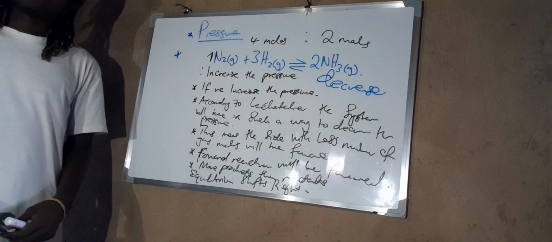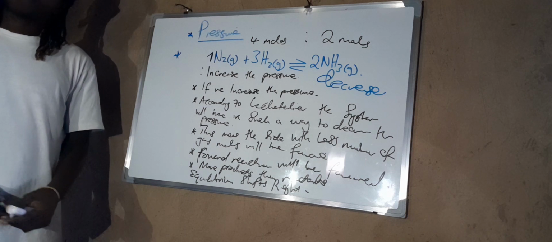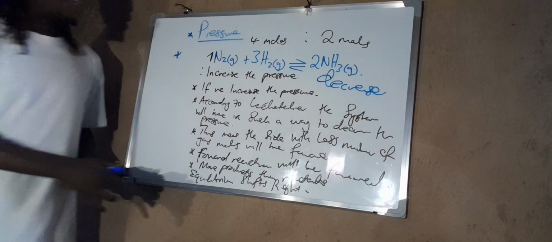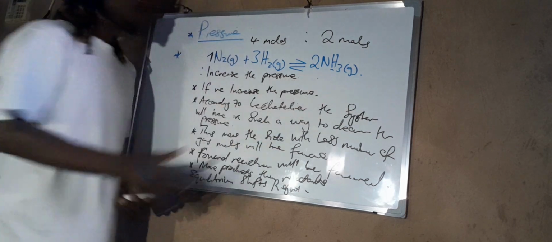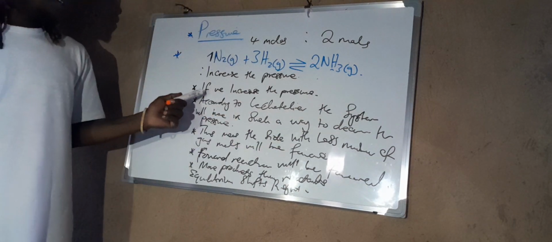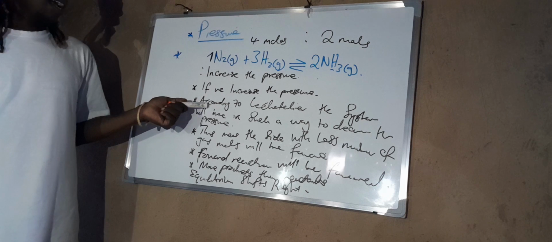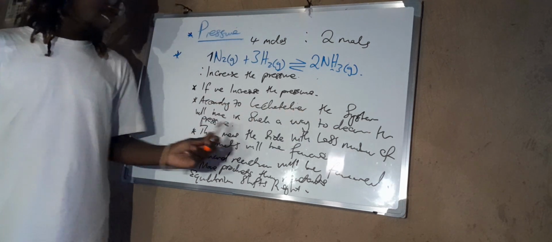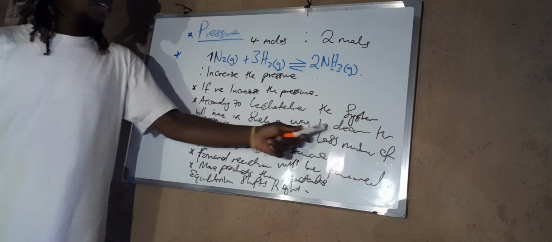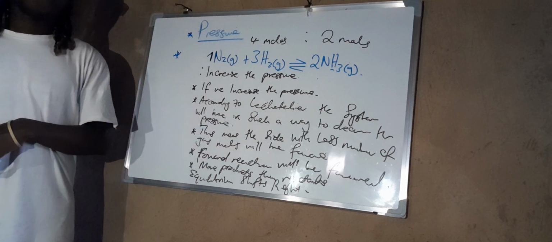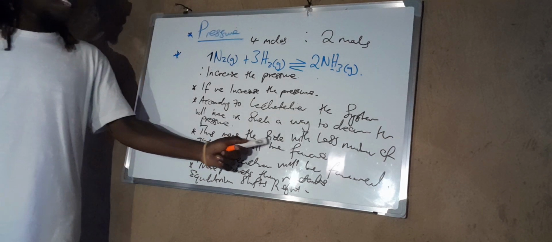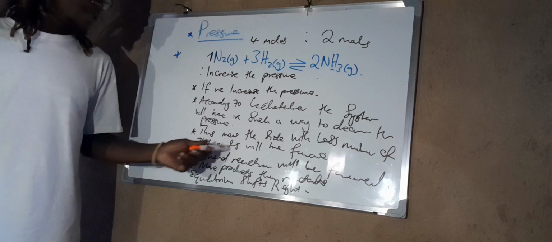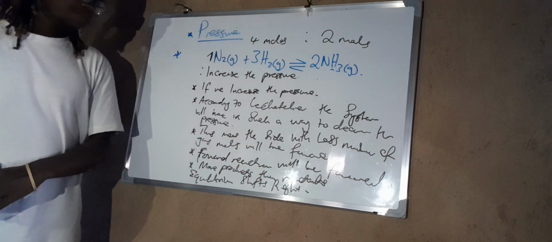Did I repeat? What direction will be favored? Yes, I said increasing the pressure, right? Increasing the pressure means, according to Le Chatelier, the system will move in such a way to decrease the pressure, right? This means that the side with less number of gas moles will be favored.